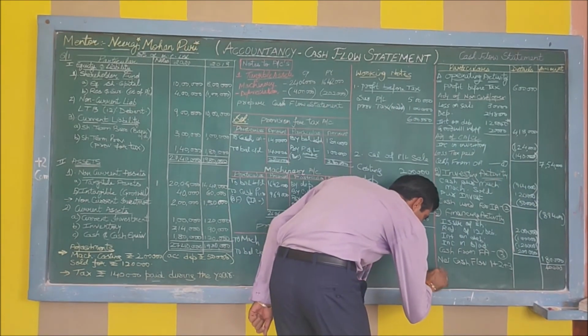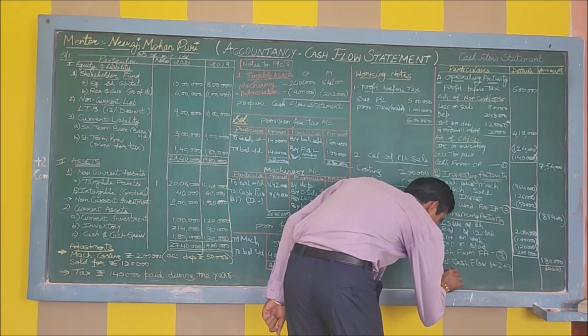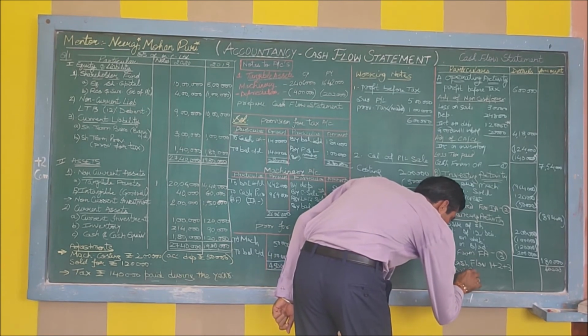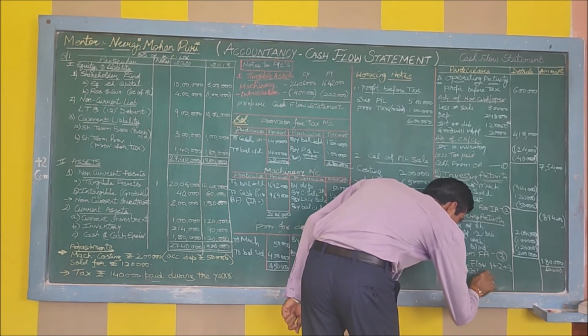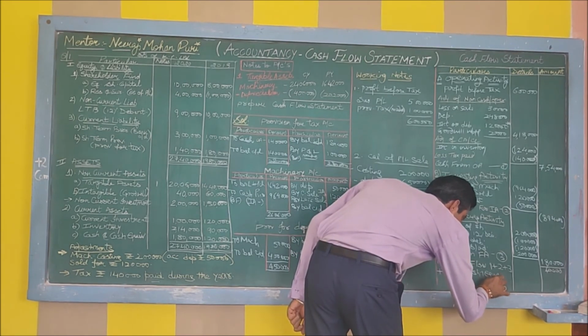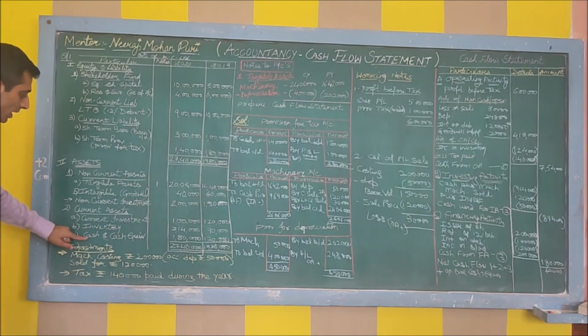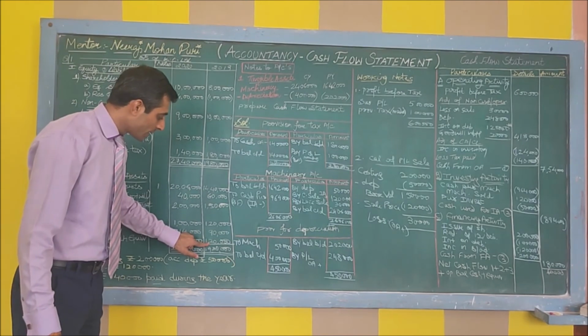Second last step, we have to add the opening balance of cash and cash equivalents. Opening balance of cash and cash equivalents. For cash equivalents, you have to come to the last item of your balance sheet. See, we have to take the opening balance.